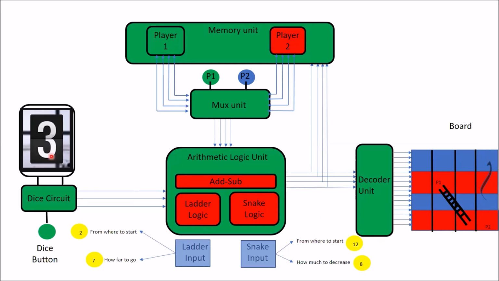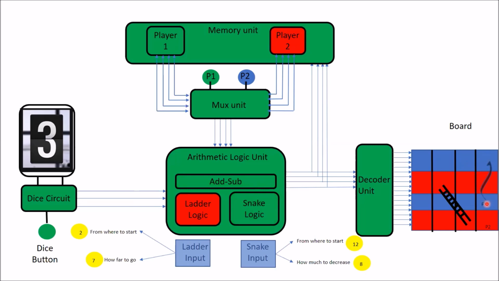So once I got this scenario, at the beginning player 1 will go with a 3-point jump, then both the snake logic and the adder subtractor unit will come, and it will go down.